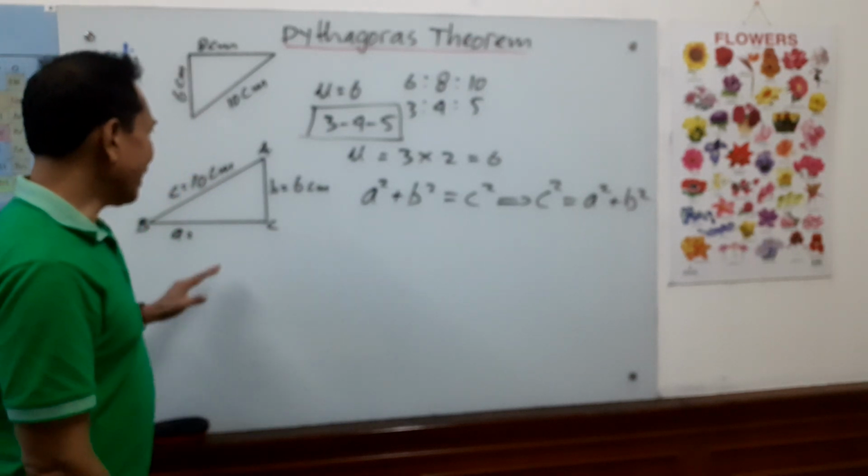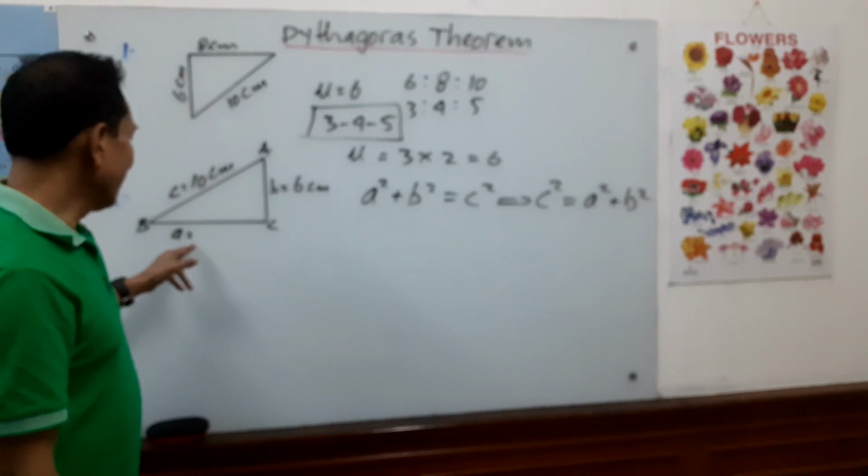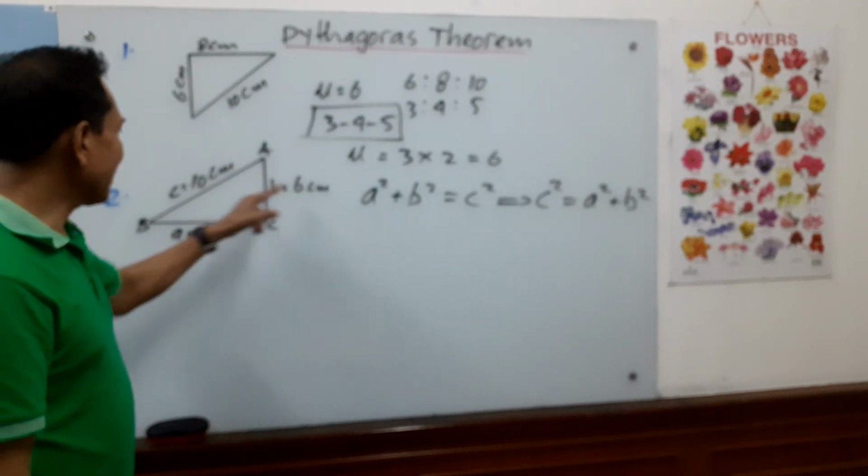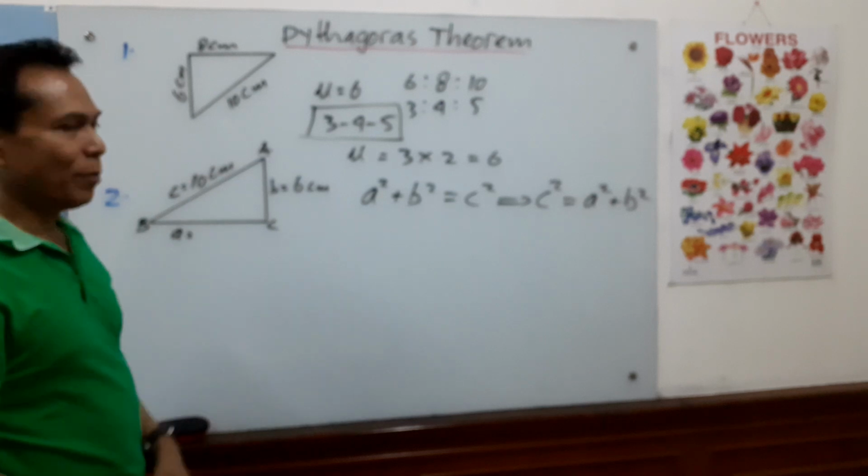Now, we want to find out this A. B is 6 centimeters, AB is 10 centimeters.